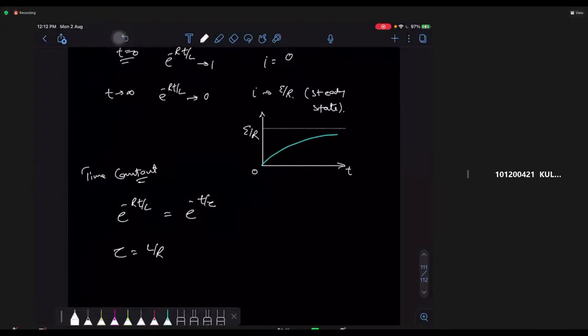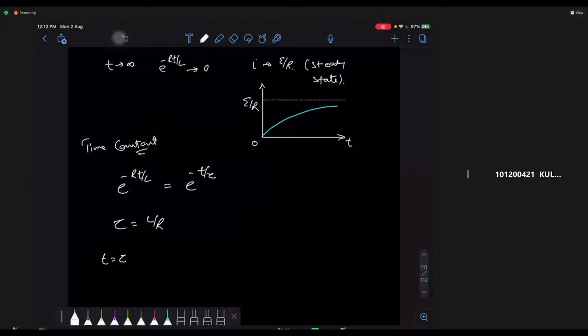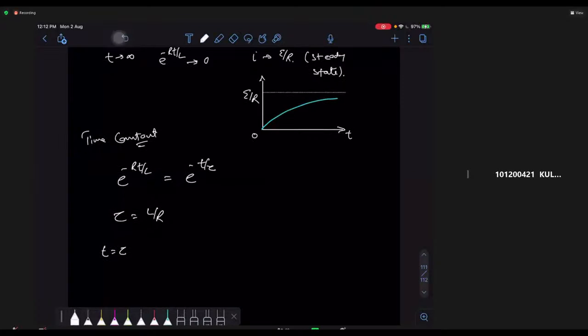What is the meaning of L by R? It means that after every one time constant, this exponential factor falls by a factor of e. If time is equal to tau, my current will be E by R times 1 minus 1 by e.